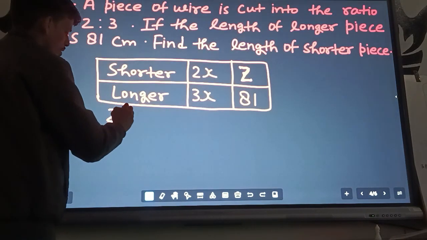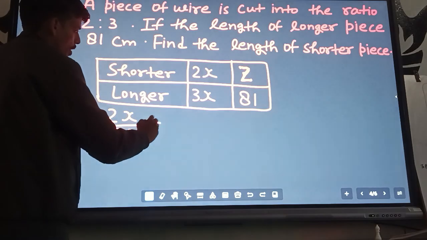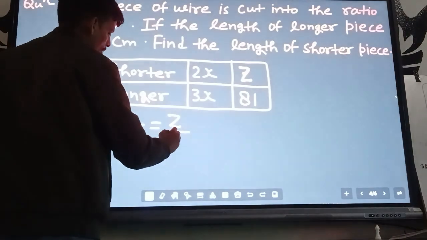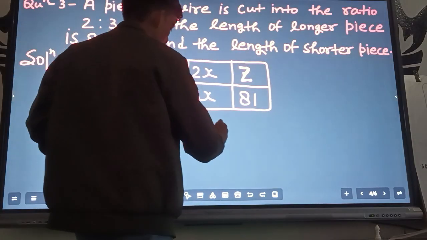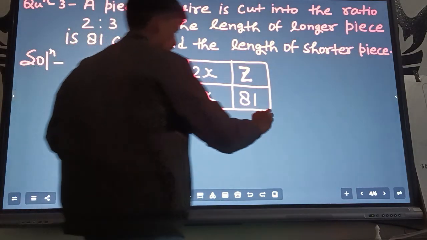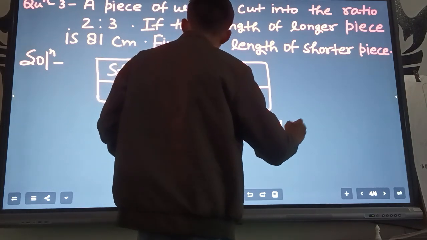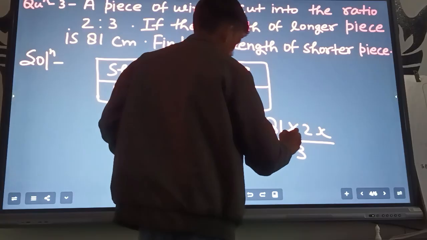So 2x upon 3x equals z upon 81, means z equals 81 into 2x upon 3.